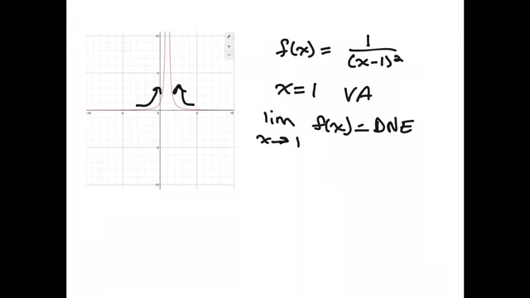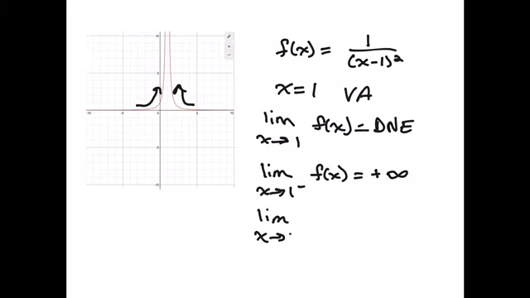That's what happens when we get a number divided by 0. However, if I look at the limit as x approaches 1 from the left, we're going to positive infinity. And if I approach 1 from the right, we're also going to positive infinity.